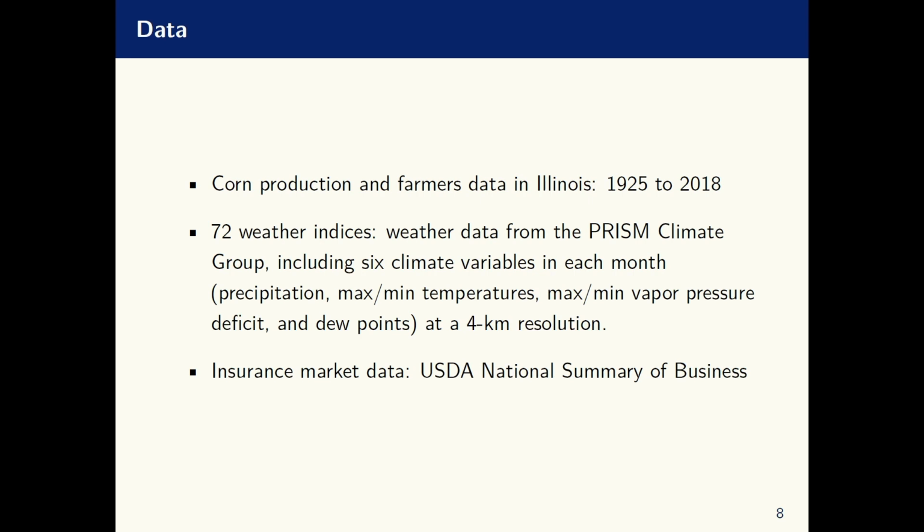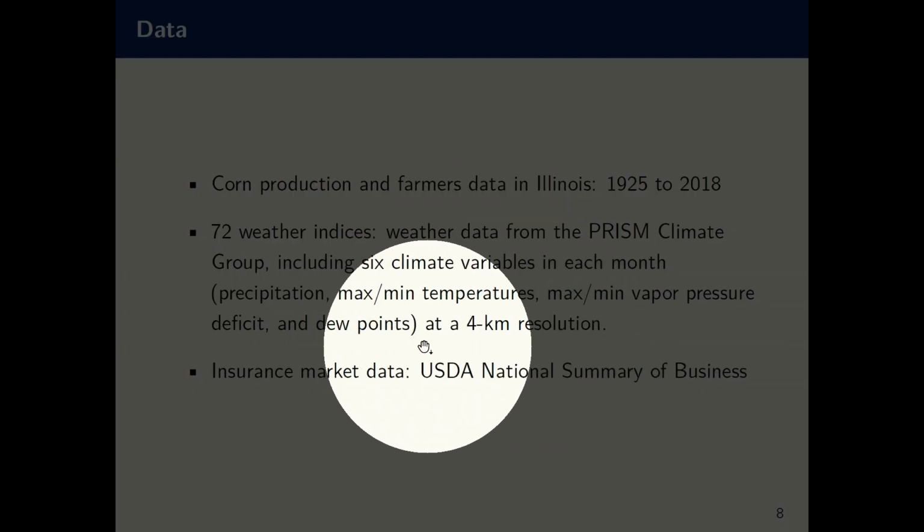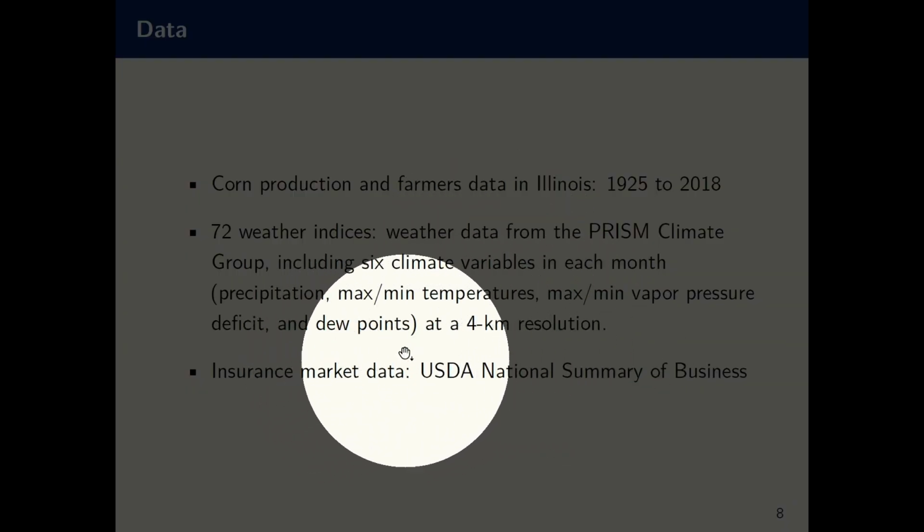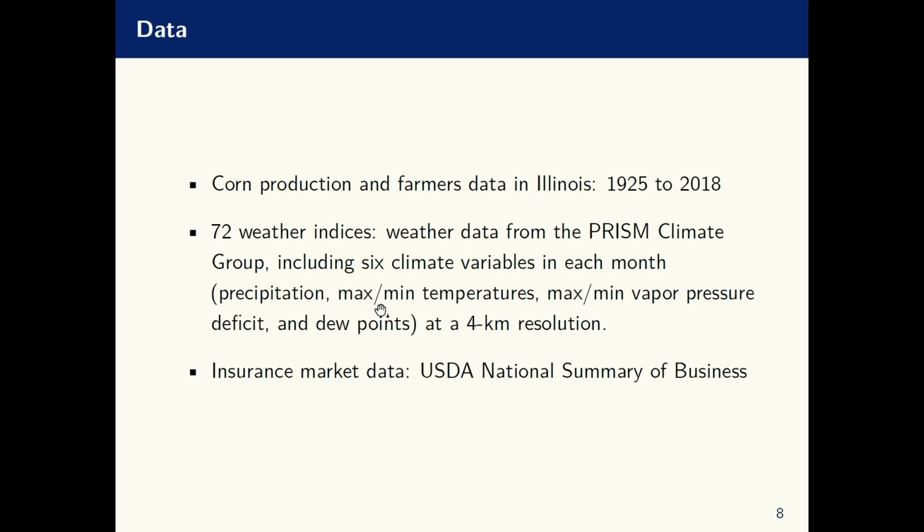And we have a very high resolution, 4km resolution data, so it's a huge data set. And the insurance market data is a very standard one from the U.S. Department of Agriculture, Summary of Business.